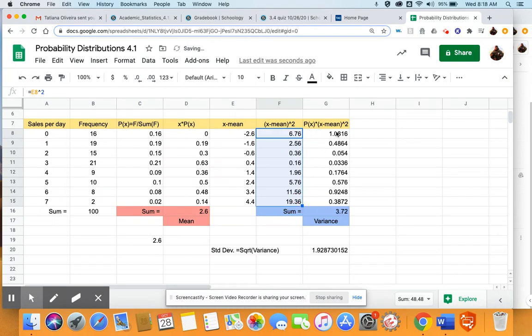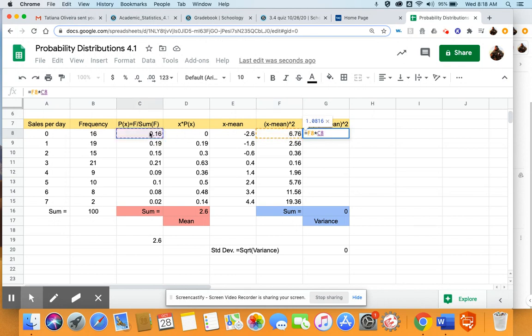Our next column would be to take the previous number and multiply it by the probability, which we have over here. So equals the squared number times the probability. Drag and drop.